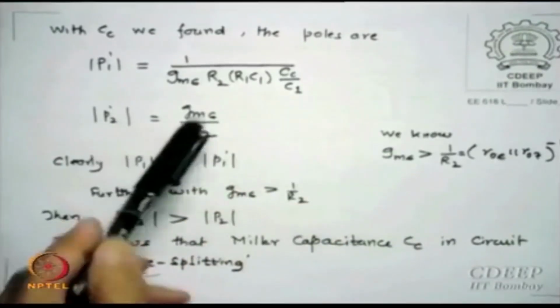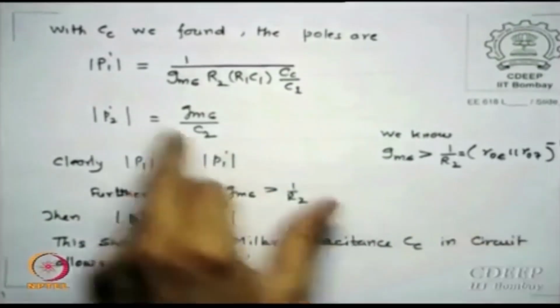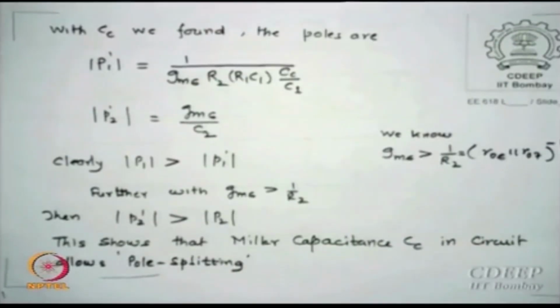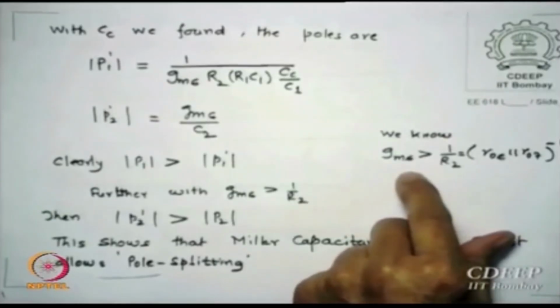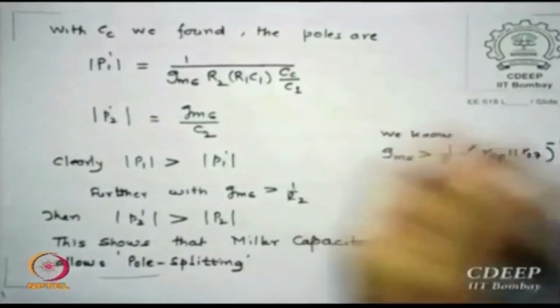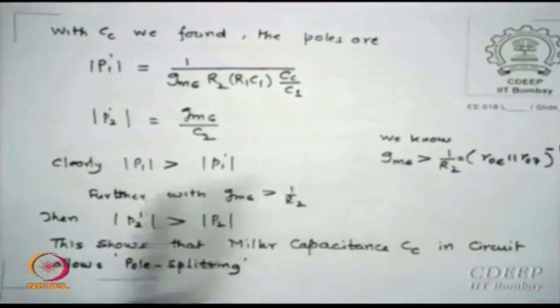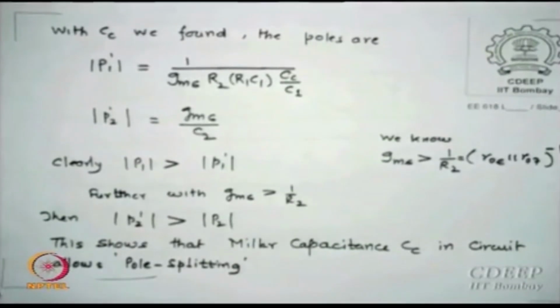However, if you look at P2 dash, which is GM6 by C2, but we know R2 is R06 parallel R07, GM6 is always larger than 1 upon RO, because they are in mega ohm, this is in tens of kilo ohms, 1 upon GM. So what does that mean? I can always say P2 dash magnitude wise is much larger than P2, is that correct?